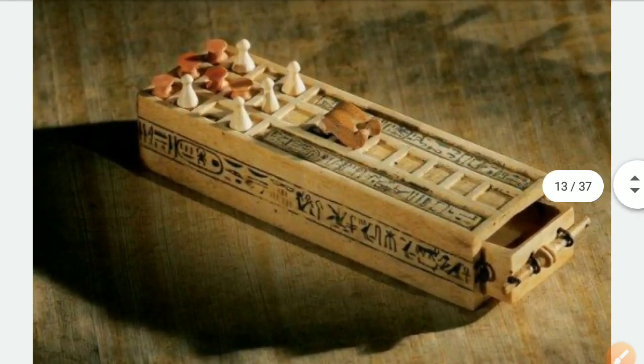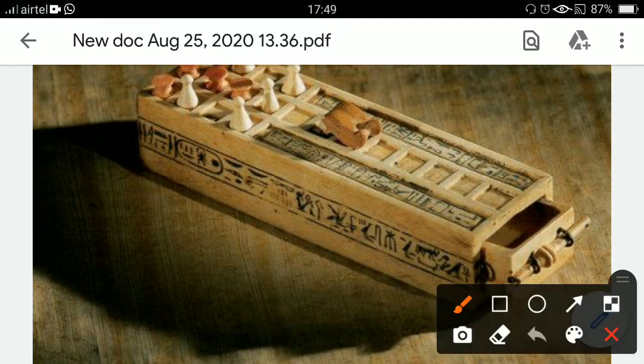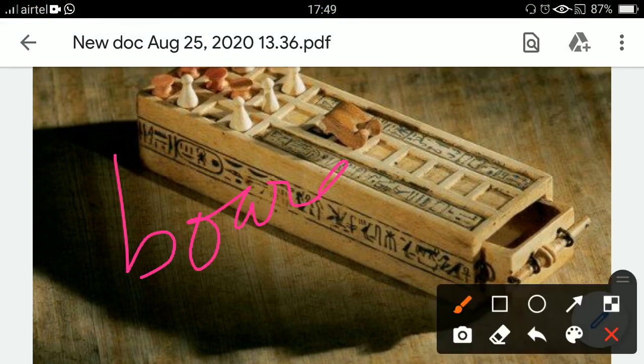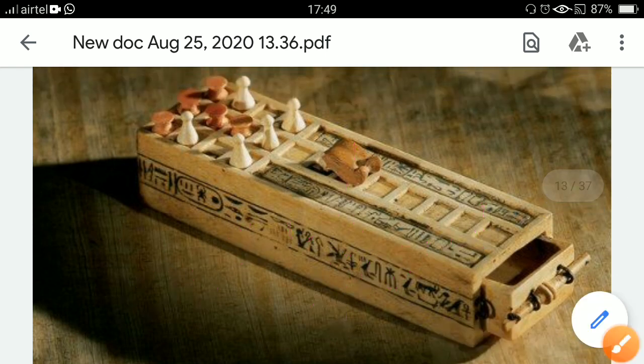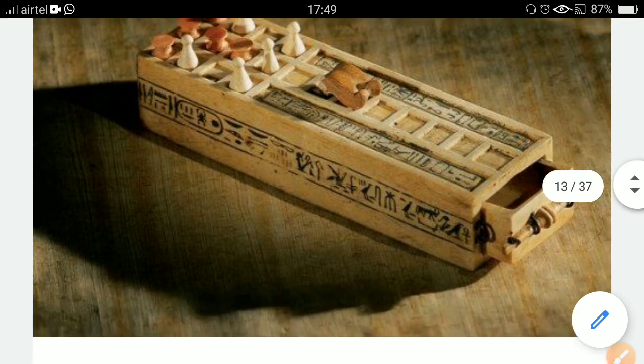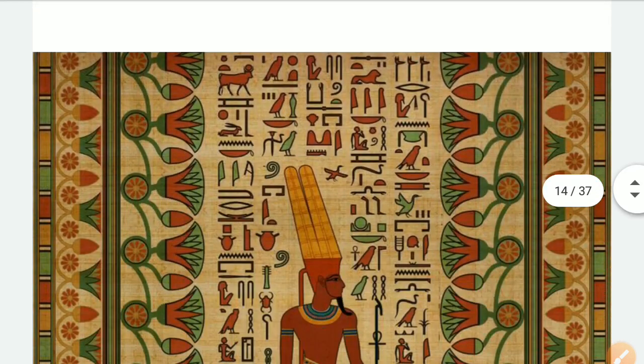This is the image of board games. This was also found near the tomb, in the chamber or burial chamber. Okay, and this was one of his favorite things, it seems.